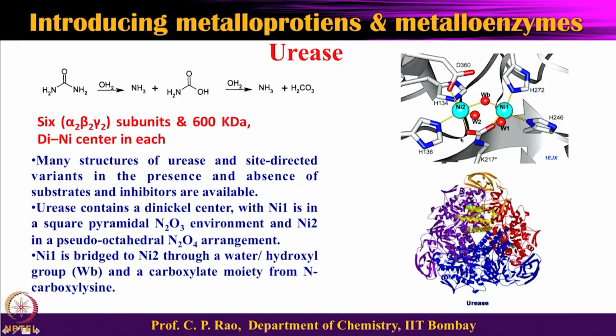Then what other things can you see from here? There is one other interesting feature. The two nickels are not separated, but connected by a bridge. The bridging group over there could be water, hydroxyl, etc. So, this is a connected bridge between these two. So, therefore, we have two coordinatively distinct nickels.